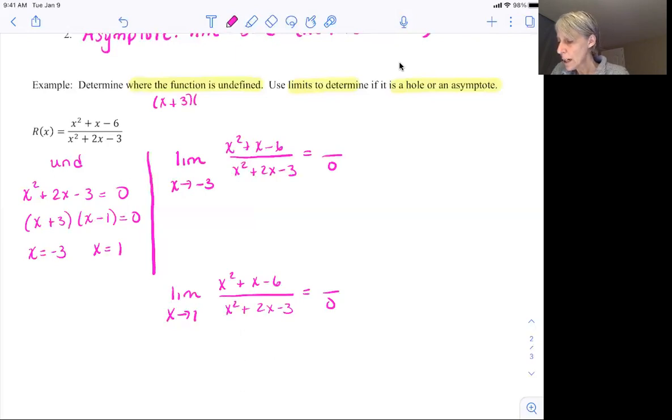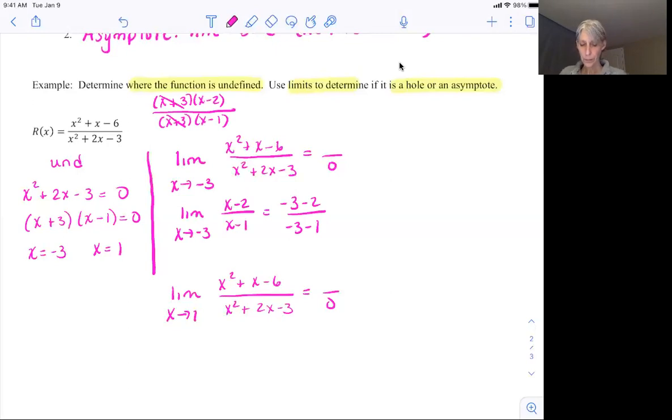x plus 3, x minus 2, over x plus 3, x minus 1. So I know I'm reevaluating each limit in my simplified form. -3 minus 2 over -3 minus 1, which is -5 over -4.